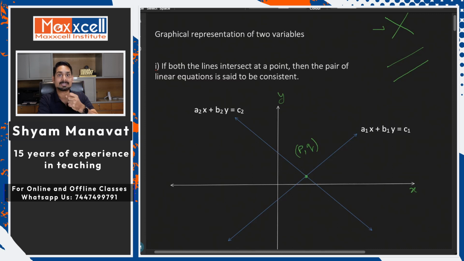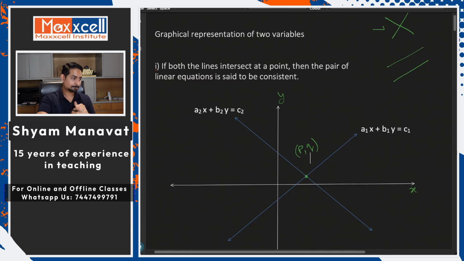The first value represents x and the second value represents y. So if this intersection point is p comma q, then this value of x and this value of y will satisfy both equations, because both lines cross through this point. This point is on both lines.